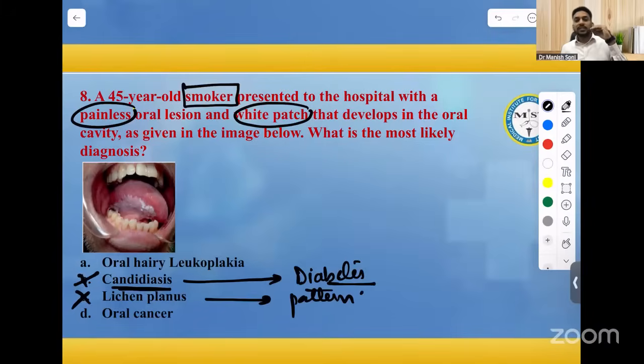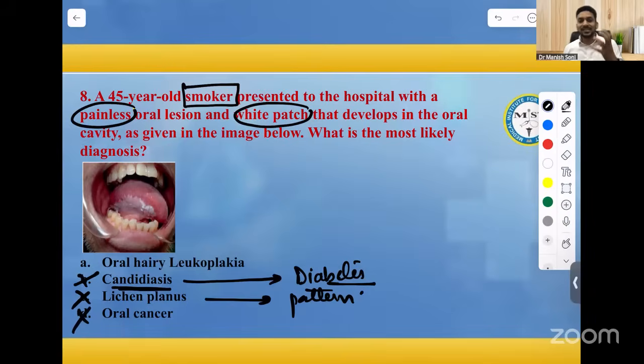Now, it is oral hairy leukoplakia or it is oral cancer. See, smoker is a predisposing factor for both leukoplakia as well as oral cancer, because oral cancer is malignant, which can be predisposed by smoking, and leukoplakia is also a pre-malignant condition and it can also occur in a smoker. But answer is not oral cancer. Why?